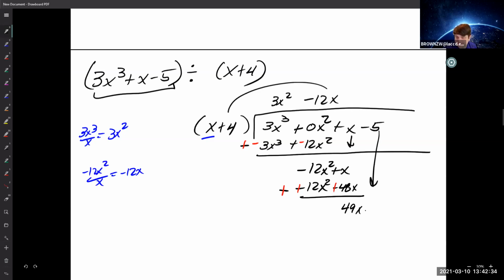Last step, drop down the -5. So we have 49x divided by x leaves us with 49. So plus 49 up here.